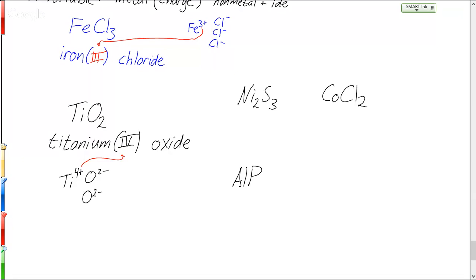So remember, the tricky thing with these second types, you can't get the charge from the electrons. You have to look at the other one. So like this nickel Ni2S3, you can't figure out the charge on nickel just by knowing that it's nickel and it's 28. You have to use the sulfur. You can figure out the sulfide and then calculate what the nickel would be for the charge.